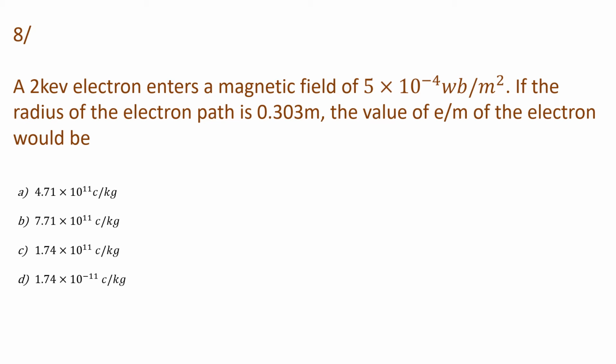Here is our next question, which is: a 2 kilo electron volt electron enters a magnetic field of 5 into 10 to the power minus 4 Weber per meter square.